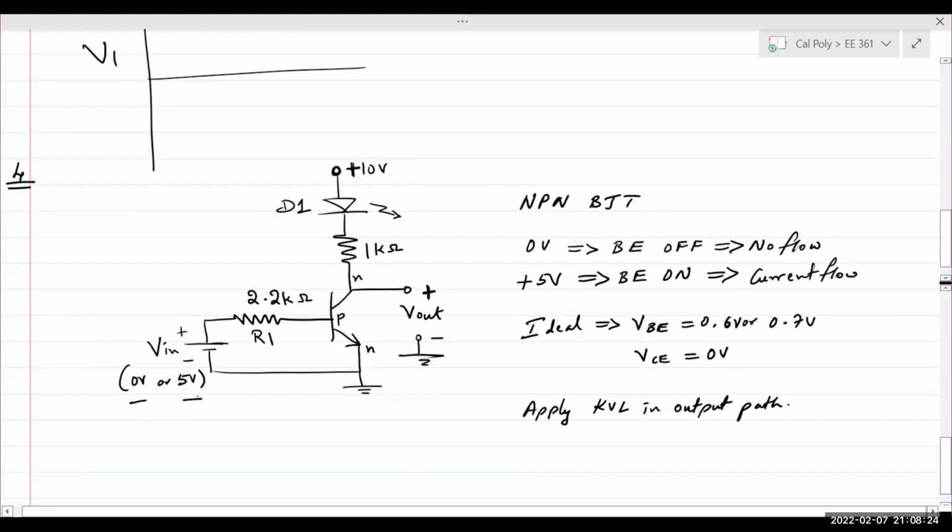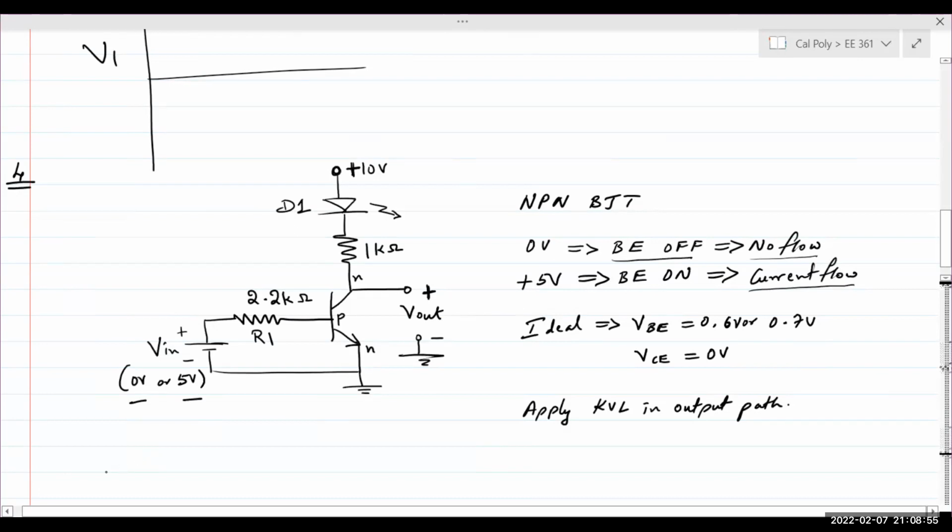When it's 0 volts, the base emitter junction is off. There is no current flow through the transistor, and so the LED is off. When the input V in is plus 5 volts, the base emitter junction is on. The BJT has current flow, and the LED will turn on.